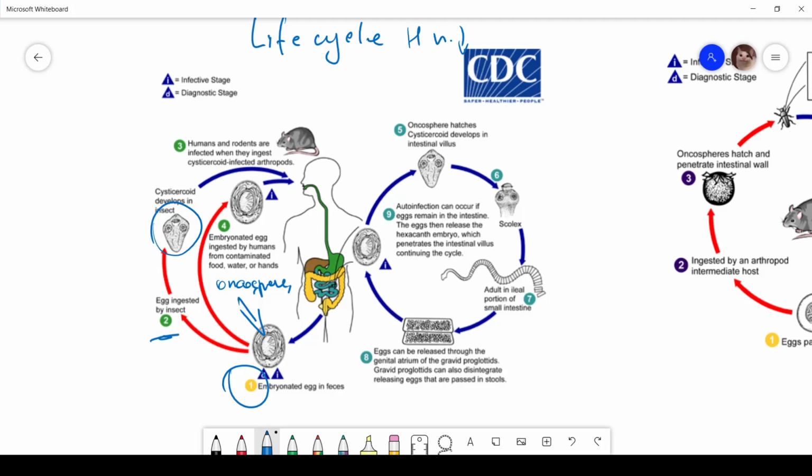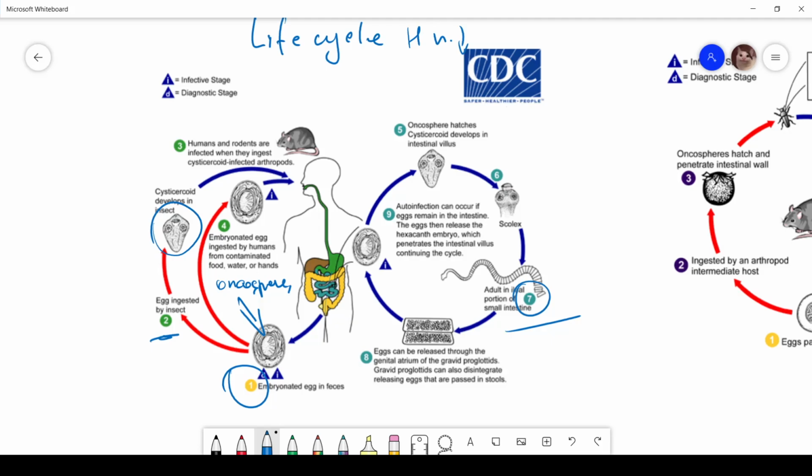It is adult worms. Eggs are passed in the stool when released from proglottids through their genital atrium, or when proglottids disintegrate in the small intestine.